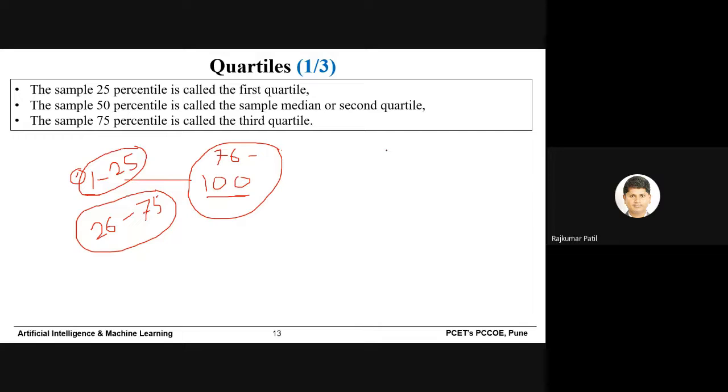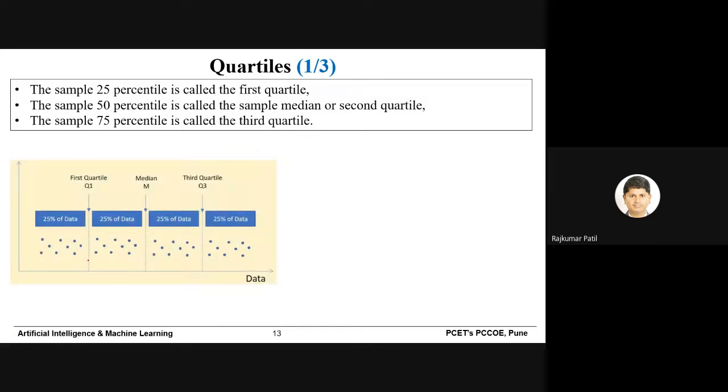So what we do is rank the students or the data in descending order. Let's say the topper will be at the top and the worst performer at the bottom, and we divide the data into different groups. So first 25 is quartile 1, then the second is 26 to 75, and the last one lies in 76 to 100.